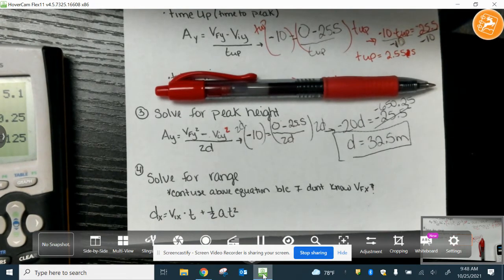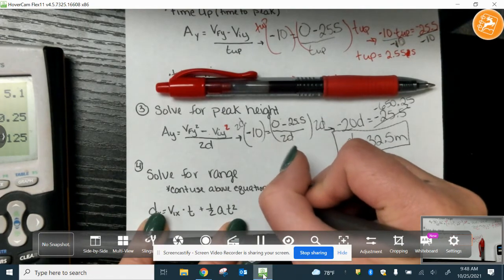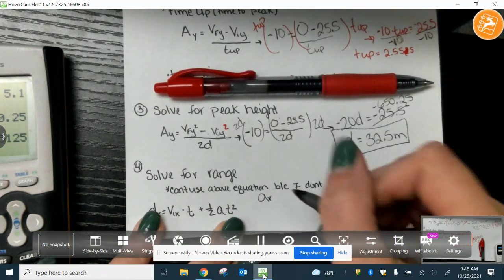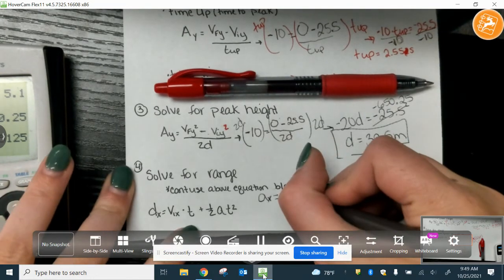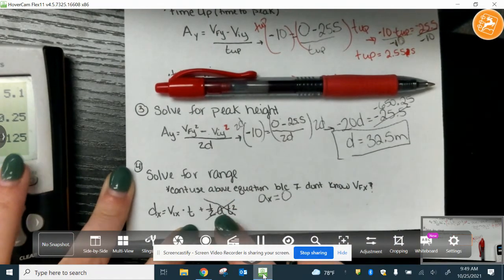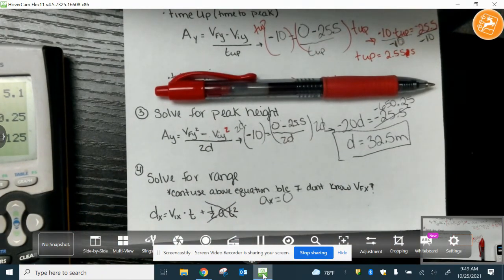Distance equals vi times time plus 1/2 at squared. What is the acceleration of a projectile in the x direction? When we're filling in this t-chart, right there goes what? 0. One-half times 0 times time squared is going to be 0. So I can delete it. I don't have to worry about it.